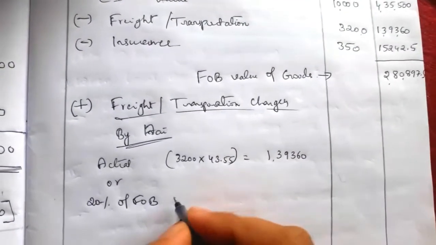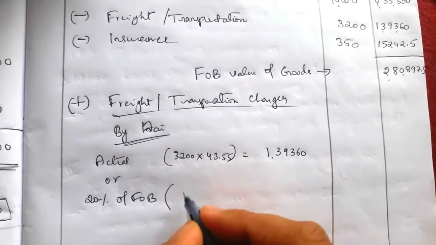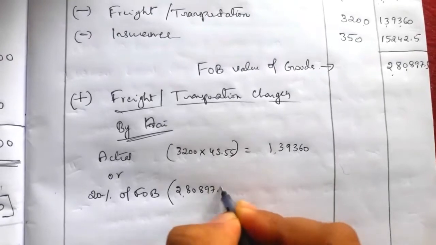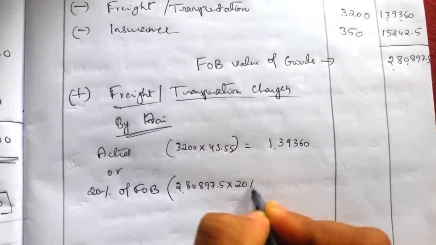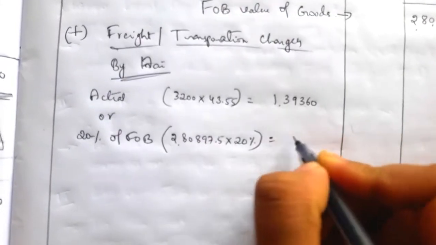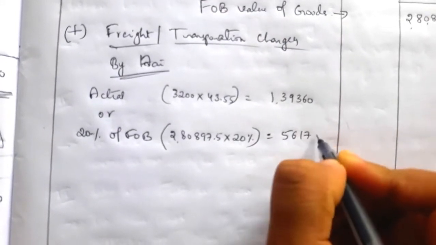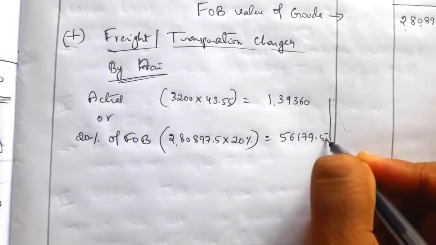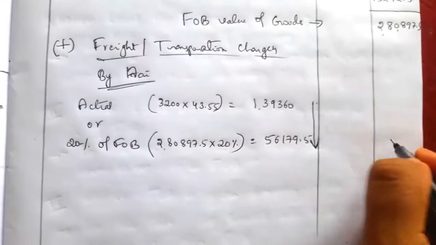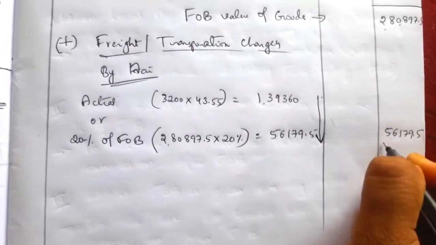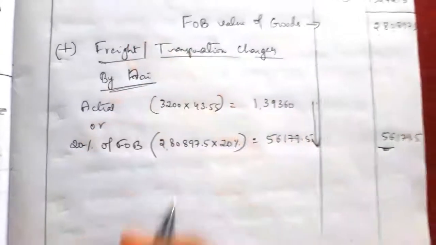Or we have to calculate the 20% on FOB, that is 2,80,897.5 into 20%, which is equal to 56,179.5. Now among these two, the least value will be 56,179.5. Okay, so this is about the freight.